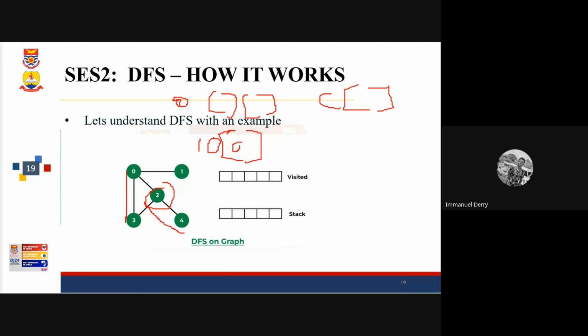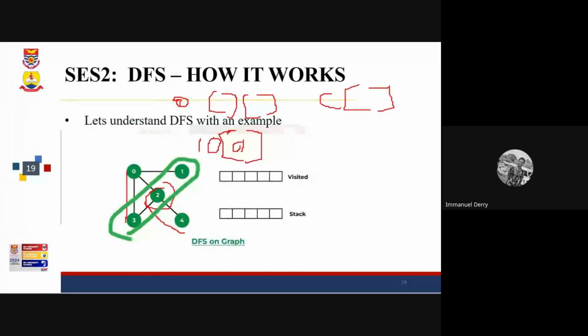So when we explore 0, we have 3, 2, and 1, or we have 1, 2, 3. But since DFS explores in the left direction first, that is depth-wise, the arrangement is going to be 3, 2, 1, but not 1, 2, 3. If it was a BFS, which is on level grounds, 3, 2, 1 will work, and 1, 2, 3 will also work.